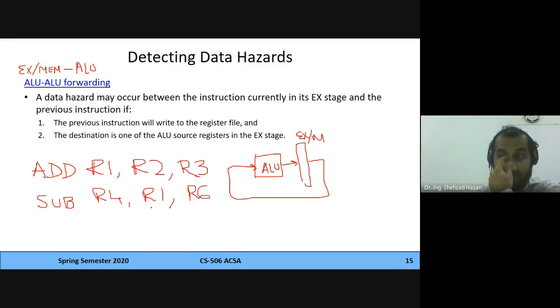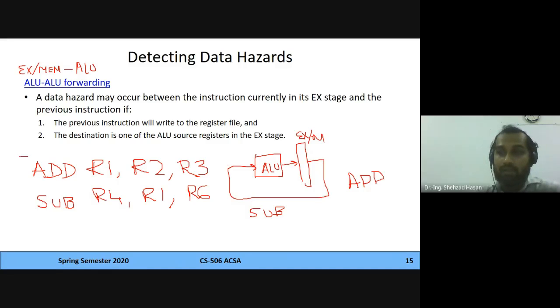So we need the result of R1, R2 plus R3, which is over here in the EXMEM pipeline stage, and we need that result to be part of our next instruction. So when add moves to the memory stage, subtract would be there in the execution stage, right? Here we need this value of R1, which is not the correct value coming from the register file. So we need this value from EXMEM.